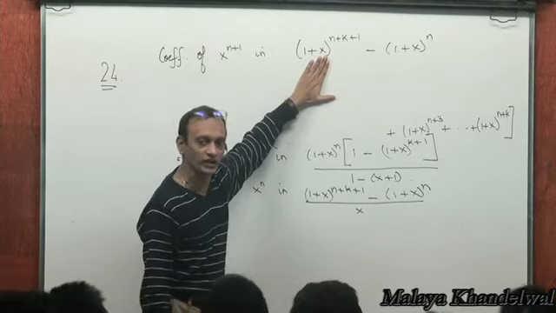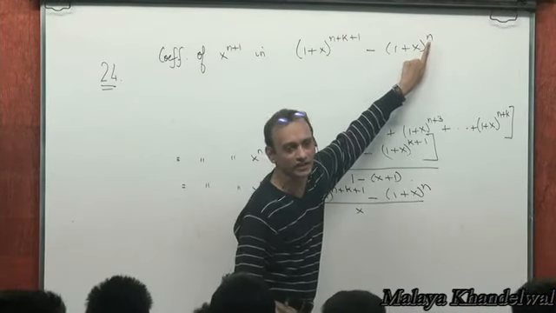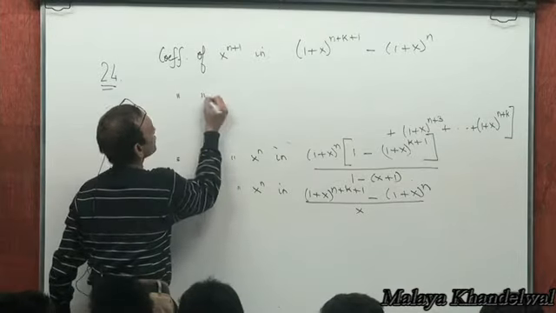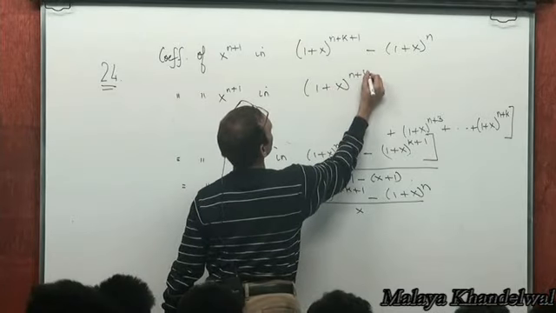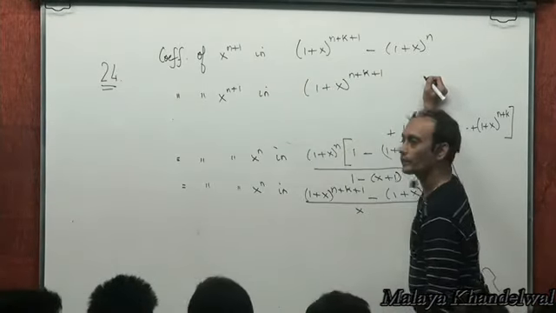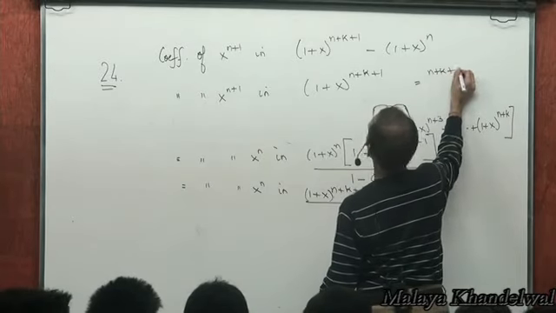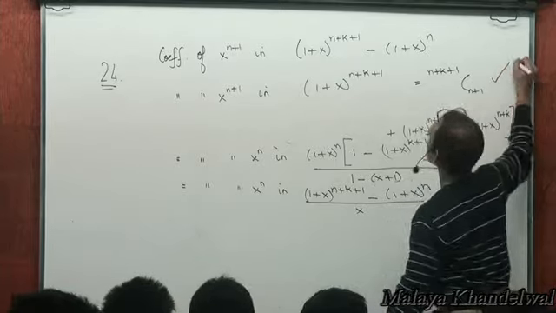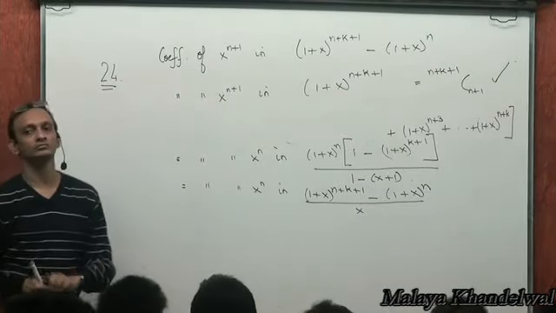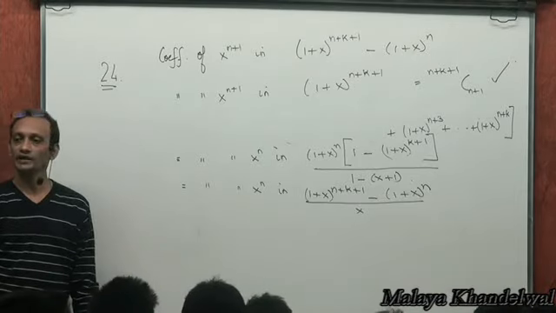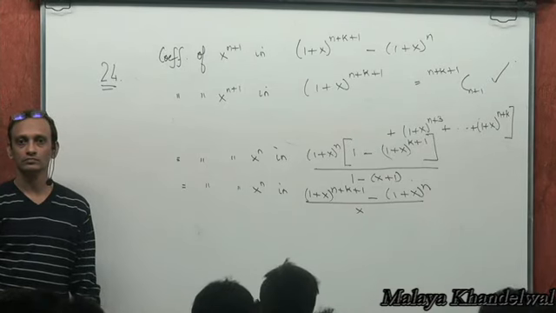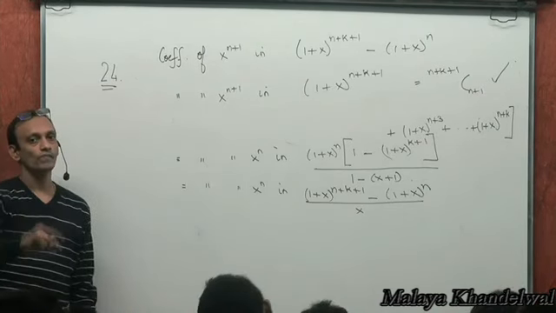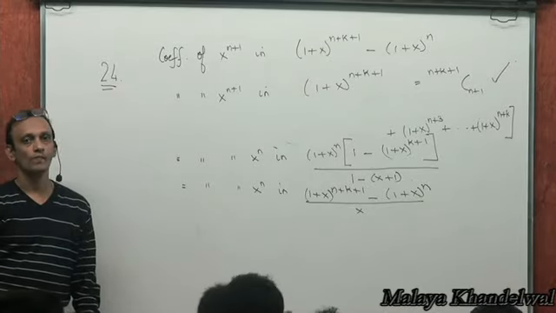X power n plus 1 will appear only here, because the highest power of x that appears here is n. So coefficient of x power n plus 1 in 1 plus x to power n plus k plus 1, which is n plus k plus 1 c n plus 1. That's the required summation. Is that okay or not okay? Fair enough?